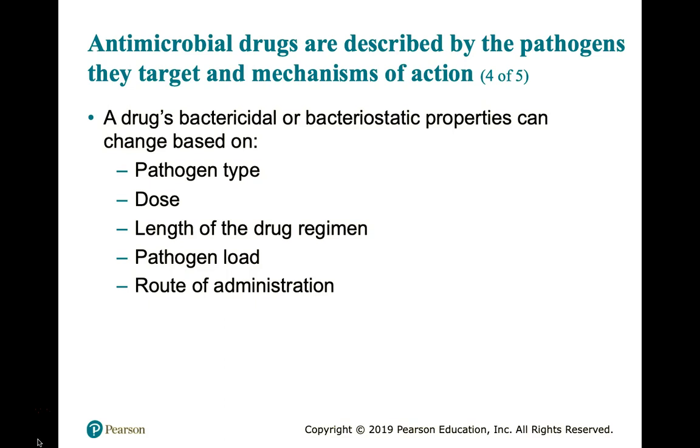So the number of pathogens will absolutely affect the antibiotic that you're giving, if we're using bacteria as an example, which we are. So the pathogen load is going to be something to keep in mind. Now, if it's early on in the infection, you'd expect that the pathogen load would be pretty low.